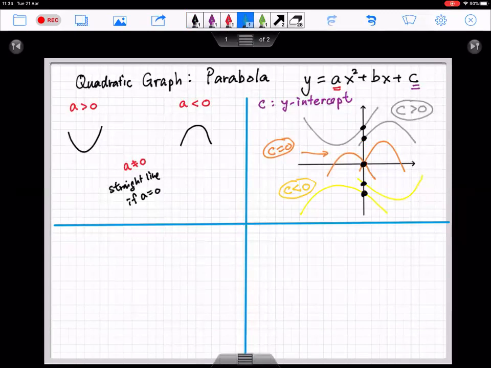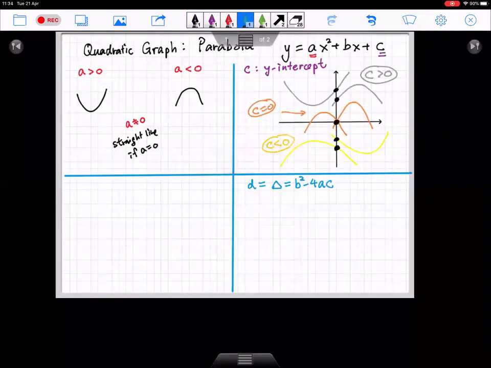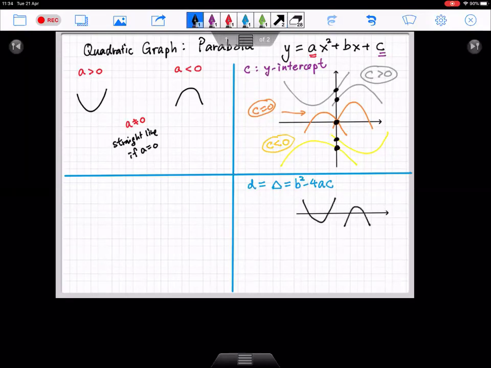Let's move to D. Now what is D? There's no D here. D is a calculated value. It's the discriminant, delta equals b squared minus 4ac. All right. So delta tells the number of roots. If delta is greater than 0, we have the parabola passing through the x-axis at 2 points, right? These are examples with D greater than 0. All right. If D equals 0, then the parabola touches the x-axis, right?